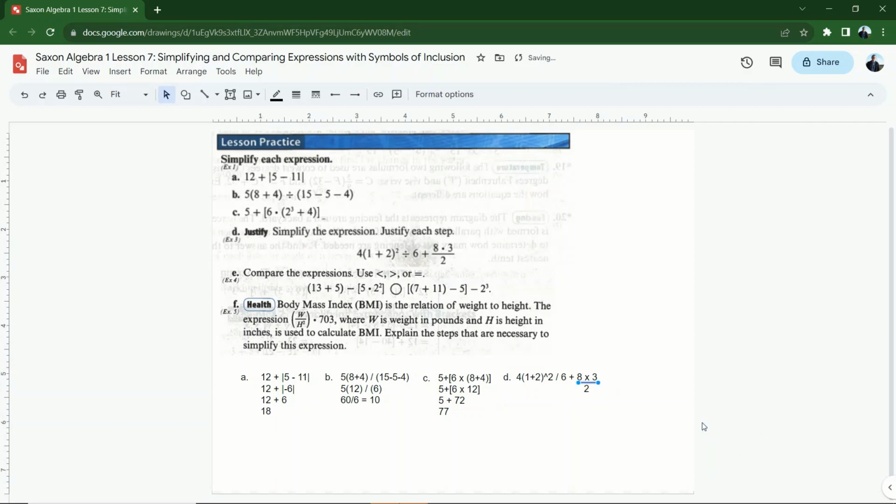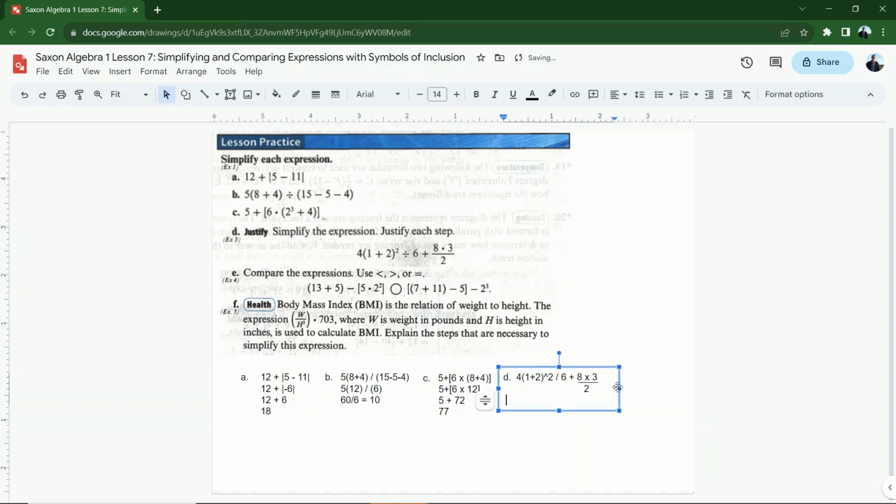And as I look at this problem, I'm going to realize that I have parentheses, actual parentheses over on the left-hand side. That's going to simplify first. 4 times 3 squared divided by 6 plus.